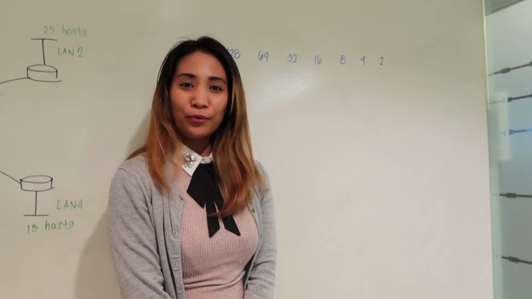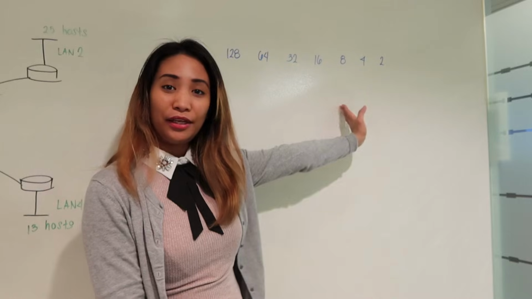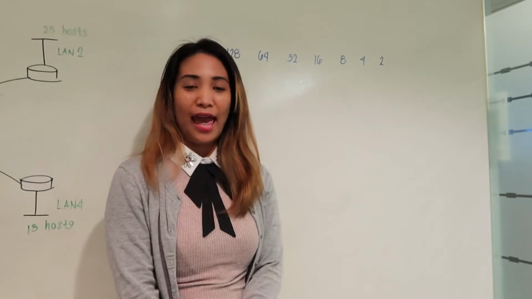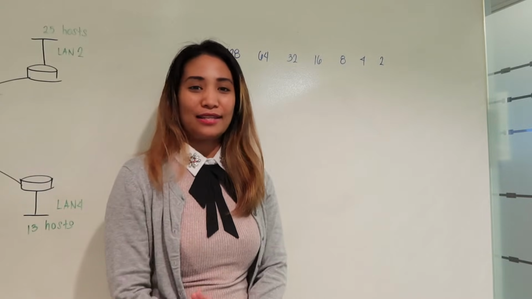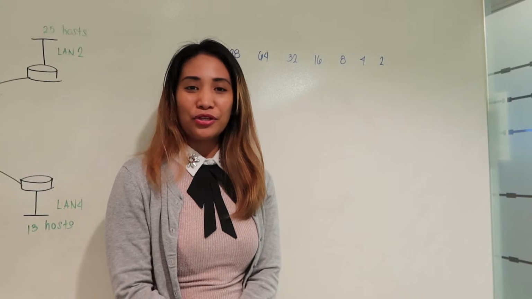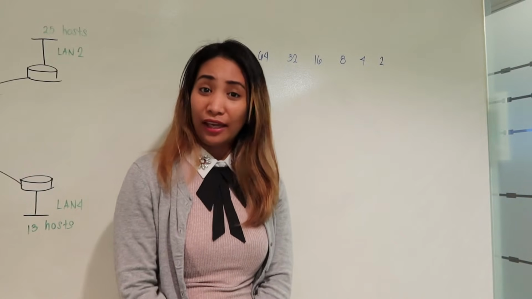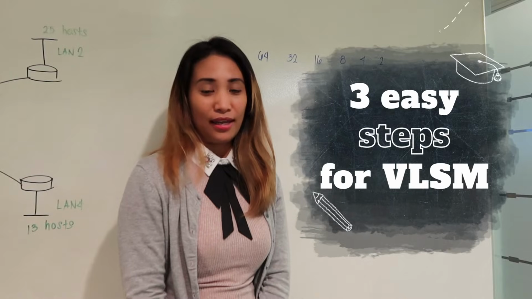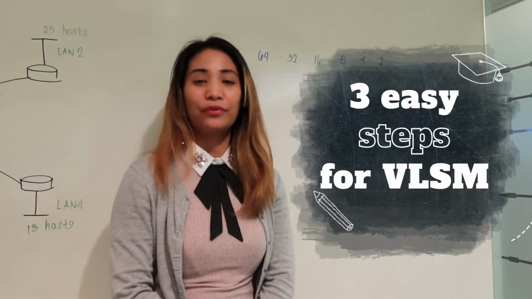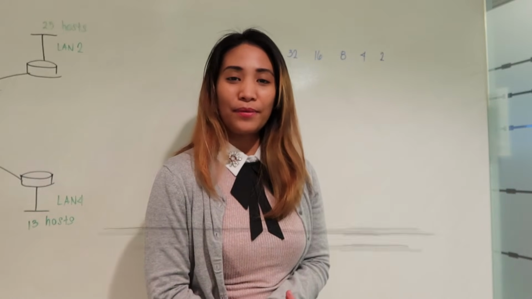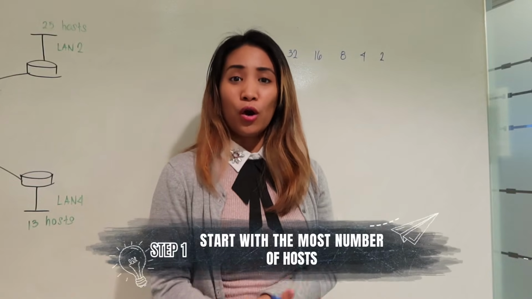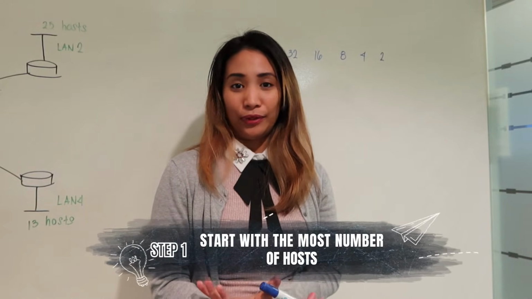Now that we have the binary chart ready, we can get started with the actual subnetting using VLSM. As I mentioned earlier, we only have 3 simple and easy steps in VLSM subnetting. The first step is to start subnetting with the most number of hosts in the given network.